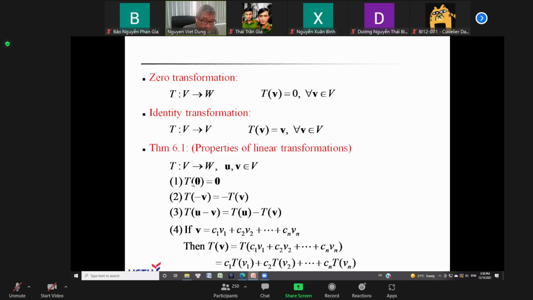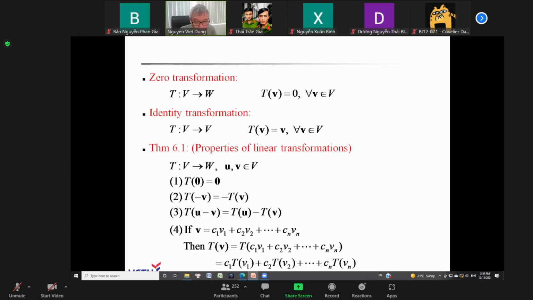Then the first property says that T of the zero vector inside the domain always equals the zero vector of the codomain. The second property says that T of minus v equals minus T of v. And T of the difference between u and v equals the difference between T u and T v.